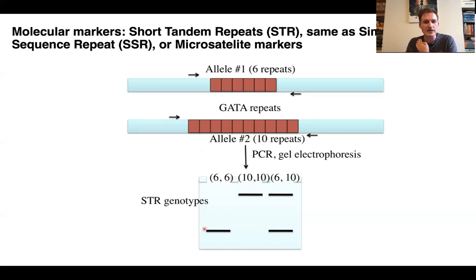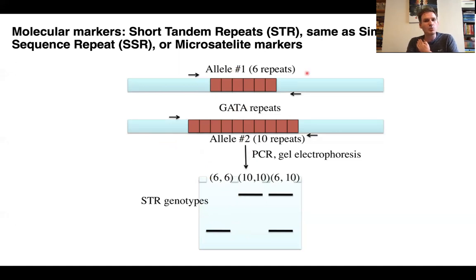In the plant or individual that just had allele 1, we would see 1 band, and that would correspond to just 6. That's 6 repeated sequence. If we were to genotype or PCR the allele 2, so like our different parent or something, we would see 1 band with 10.